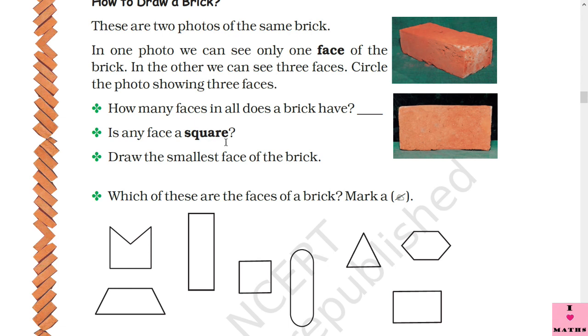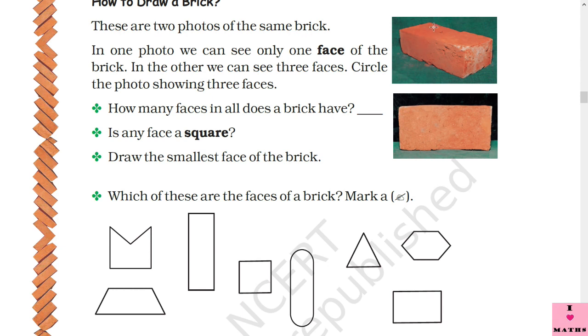Is any face a square? You have to see out of these six faces, we can see three faces. The other three faces which we cannot see are identical to these faces only. Now, they are asking you, is there any face which is a square?